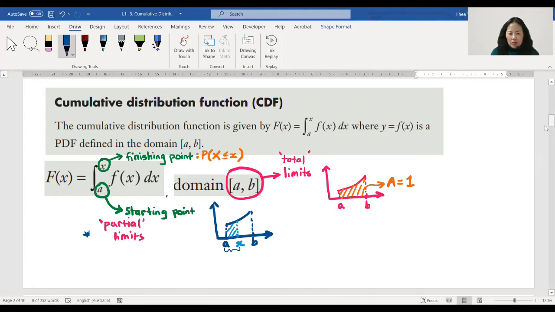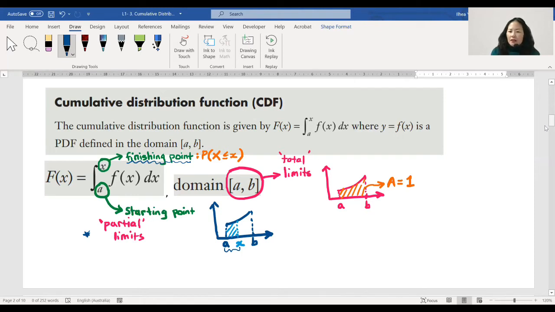Okay, so partial limit. Now, because it's a general formula, that finishing point, x here, we don't know. We don't know because it's going to depend on each question, isn't it? It could go A to 4, A to 6, whatever it is. So we're going to make it x as a general term of the finishing point, okay?